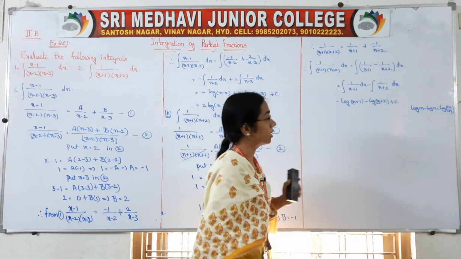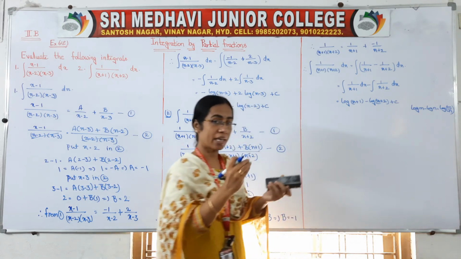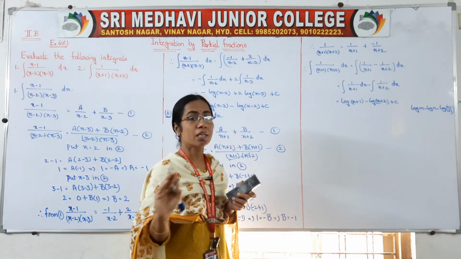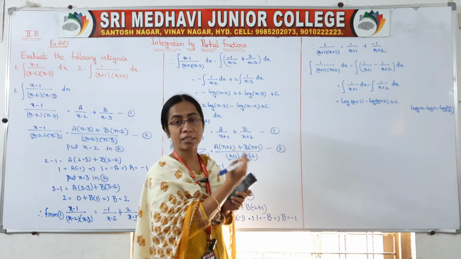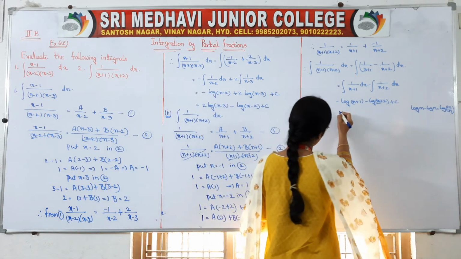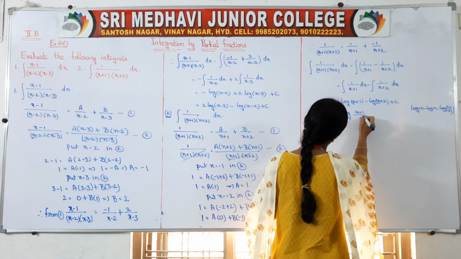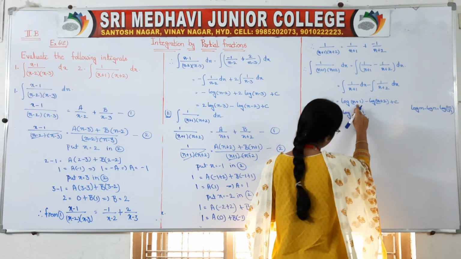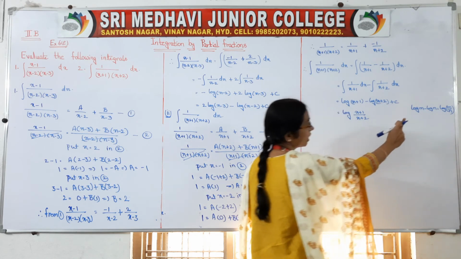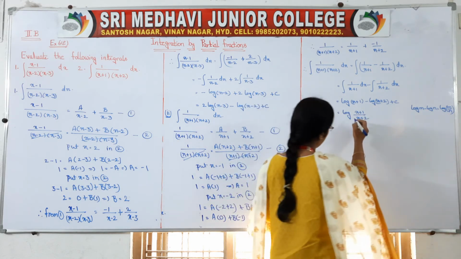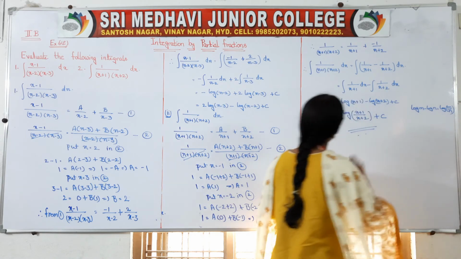I said in the formula m, n, x, theta are general values; instead of that, we can have any other values. So it is equal to log of (x plus 1) by (x plus 2). This is m, this is n. Log m minus log n can be written as log m by n, isn't it? So plus c, this is the answer.